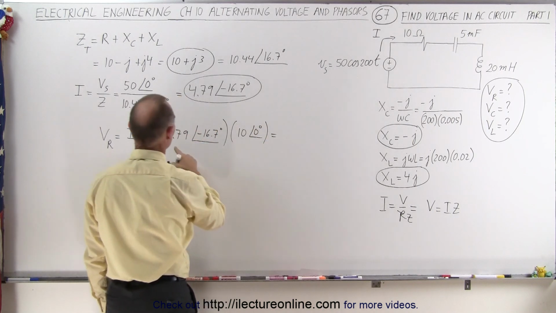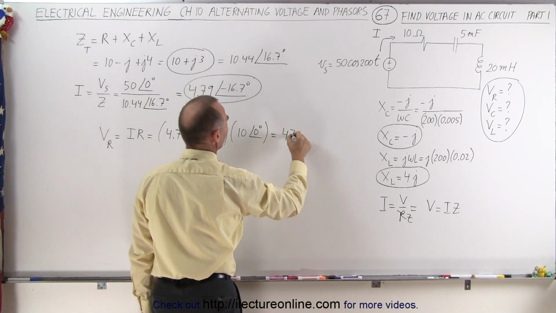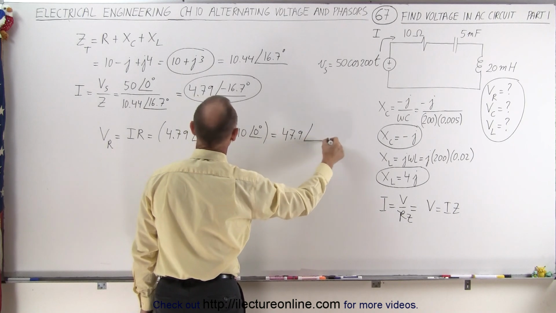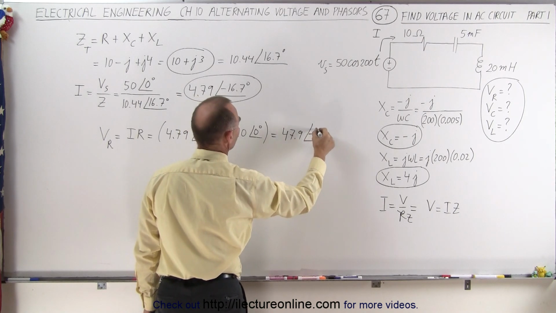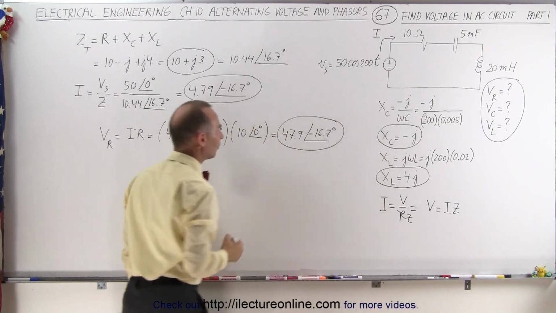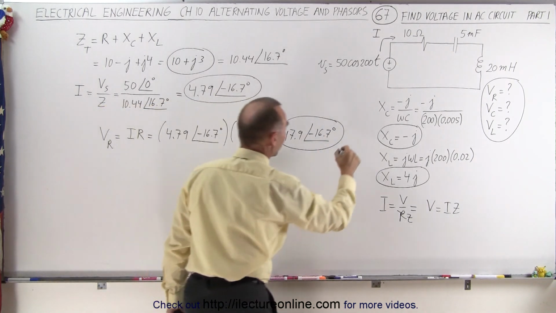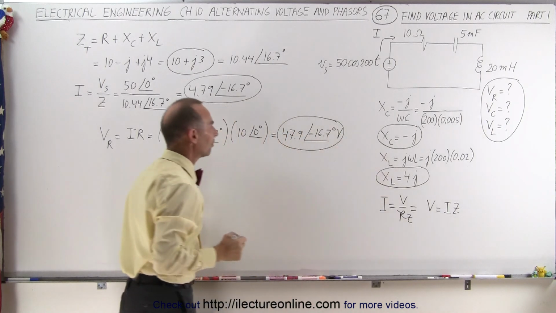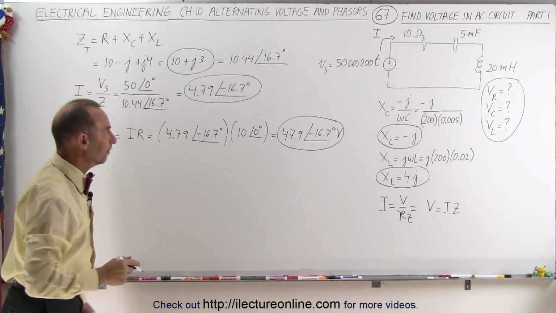That means that this is equal to 47.9 with a phase angle of minus 16.7 degrees. So there's the voltage, and of course I probably want to put volts behind that. That's the voltage across the resistor.